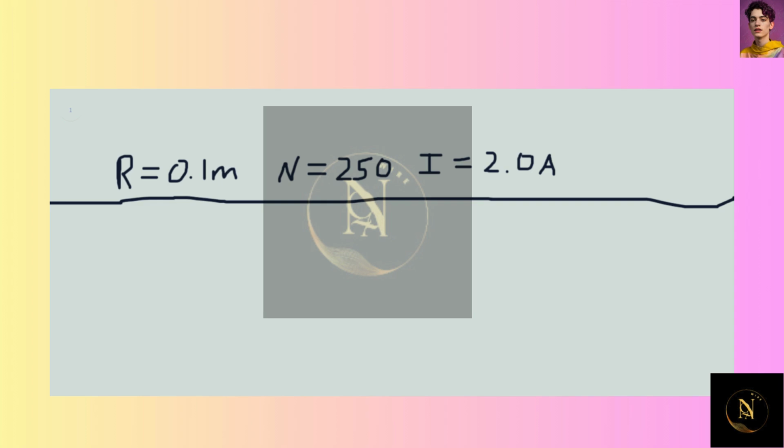So for part A, we're going to let point P in the diagram lie at a distance x from the left coil to the right.